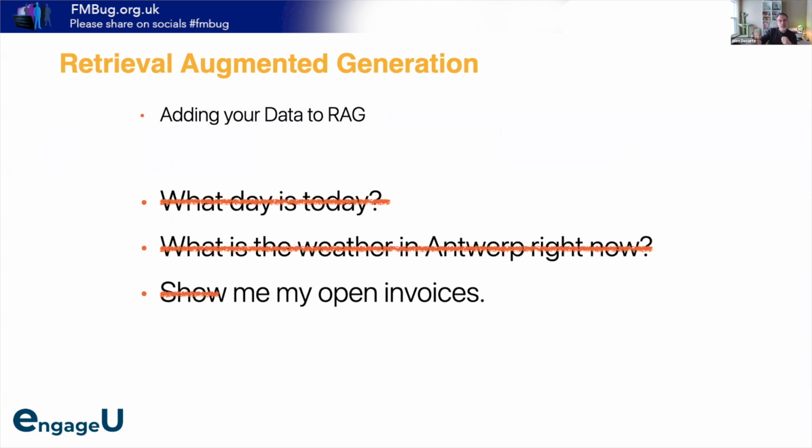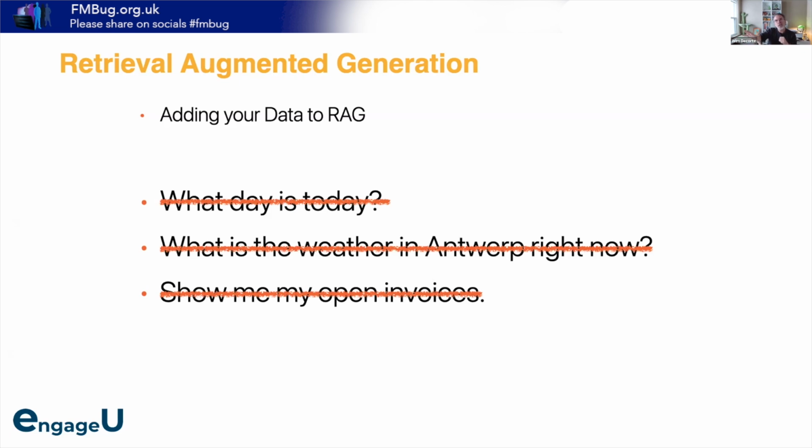It's not a real-time process, because you'll have to have a workflow where you take some document and feed it to the RAG database. So these questions still remain unanswered. Even if I feed it my open invoices, tomorrow that data is stale, unless I come up with a workflow to continuously do that.